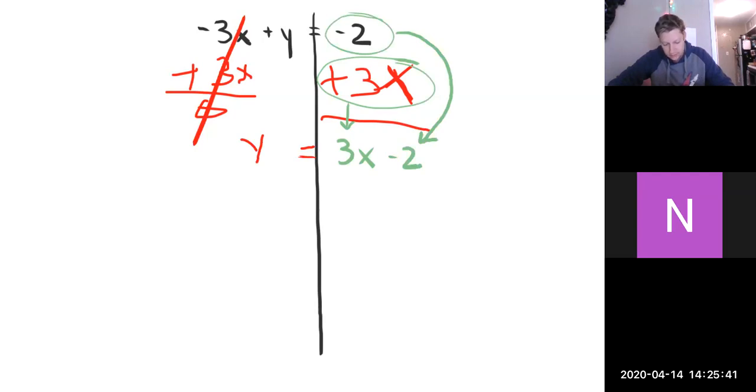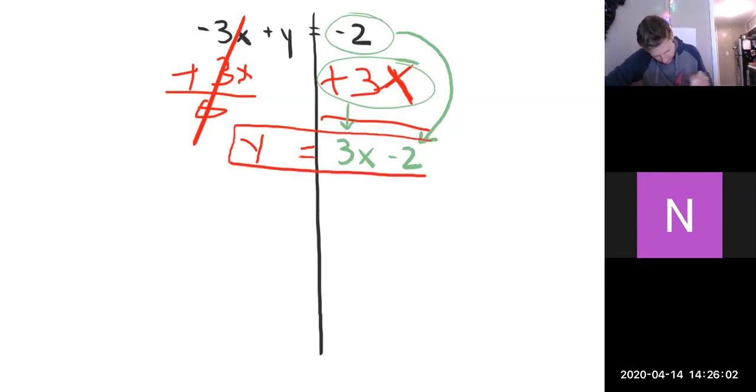The 3x is here on the right side, and the -2 is here on the right side. That's exactly what we had here. We just can't combine them, so we have to keep them separate. And that's it. That's our answer. This is the answer that we're looking for on the cryptic quiz worksheet.